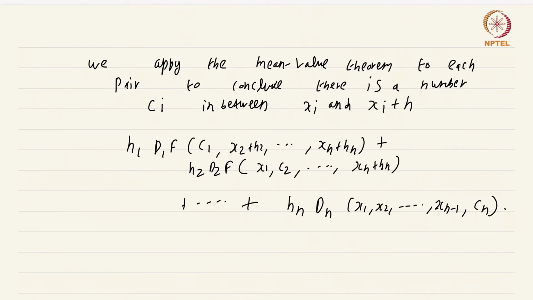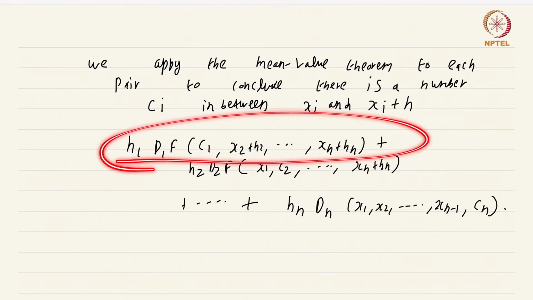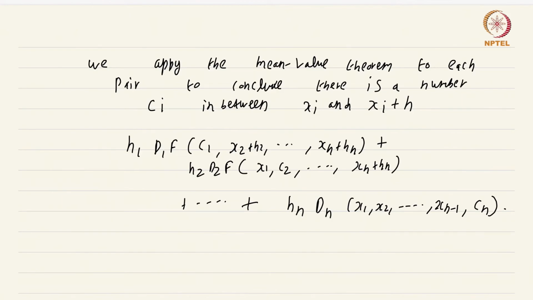So you get h1 D1 f of (c1, x2 plus h2, dot dot dot, xn plus hn), and finally the last term hn Dn f of (x1, x2, dot dot dot, x(n-1), cn). Now what we want to do is show that the derivative of f at x exists. So we need to construct an error term.